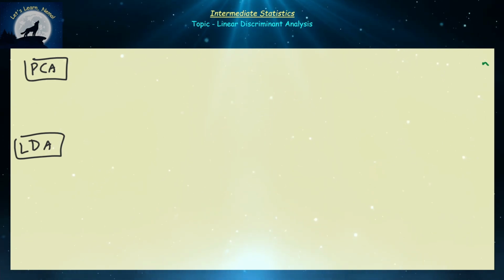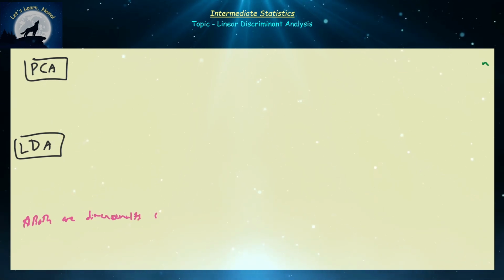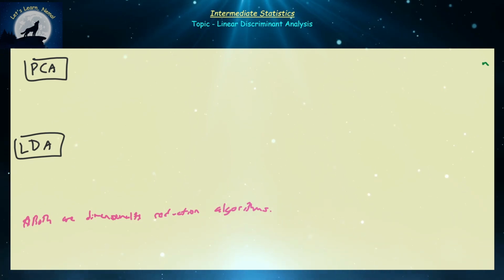So let's summarize some of the things that are similar and different between PCA and LDA. What exactly are PCA and LDA? Both of these are dimensionality reduction methods, and sometimes they can help reduce noise and also reduce multicollinearity, amongst many other things.